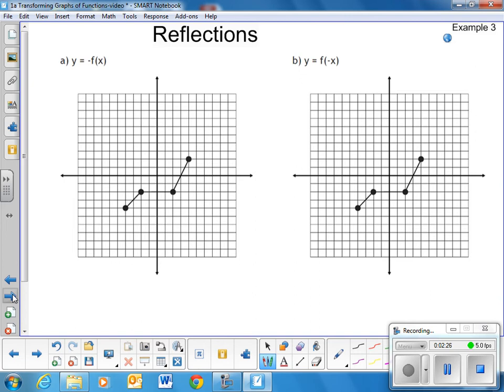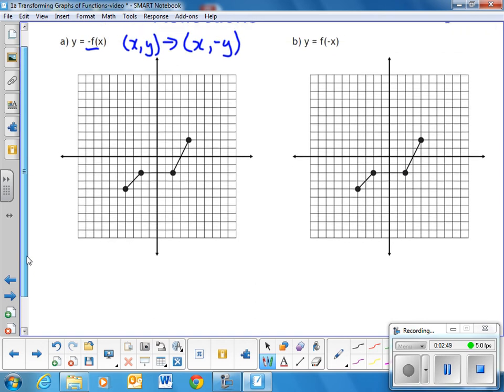In the next two examples, we have a function where we don't have the equation, we just have the graph of the function. In part A, we have to graph y equals negative f of x. If we start with our mapping diagram, this negative is outside. That means that it's going to affect the y value, and all of our y values are going to become negative.